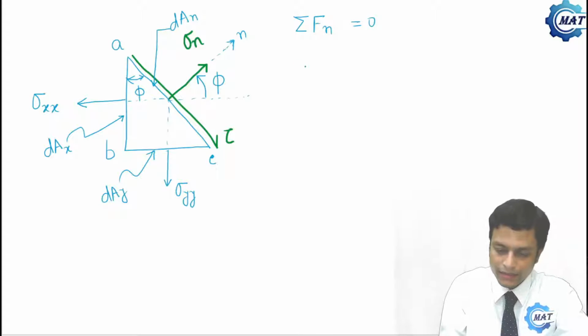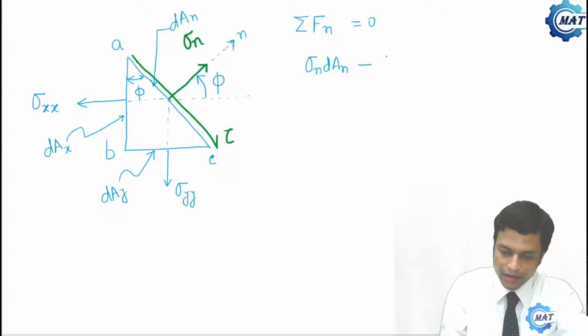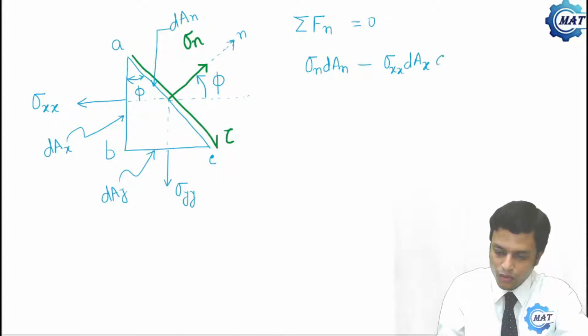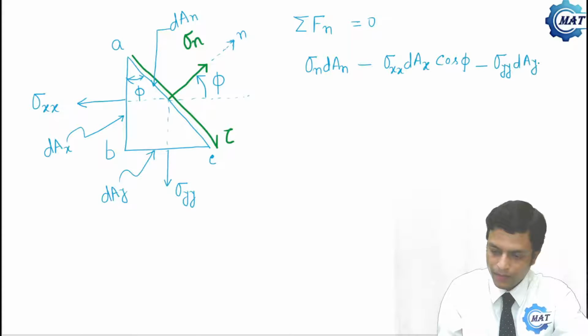So we will get sigma n dAn minus sigma xx dAx cos phi minus sigma yy dAy sin phi equals 0.